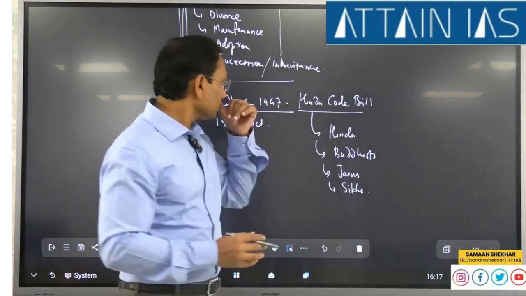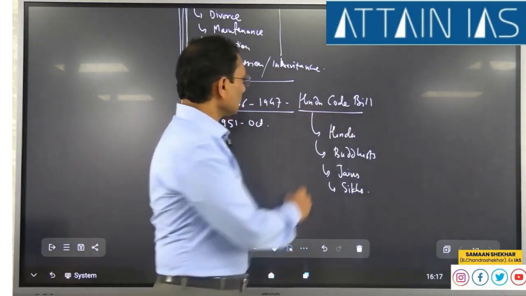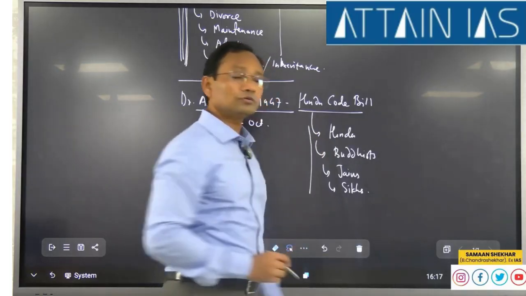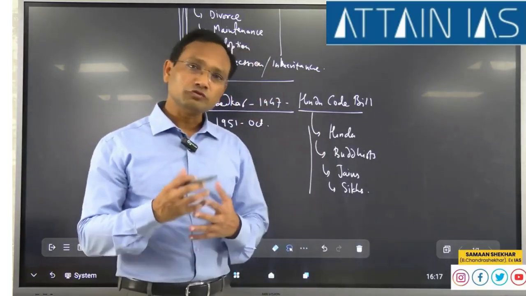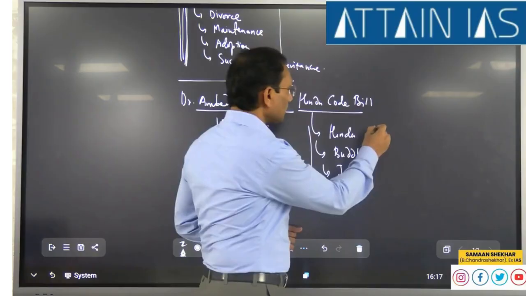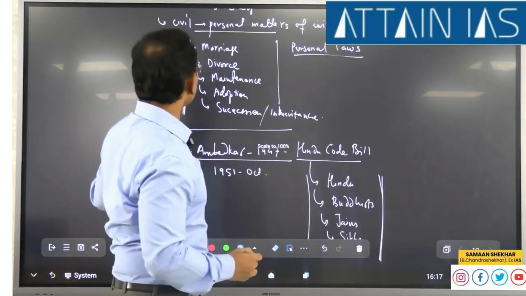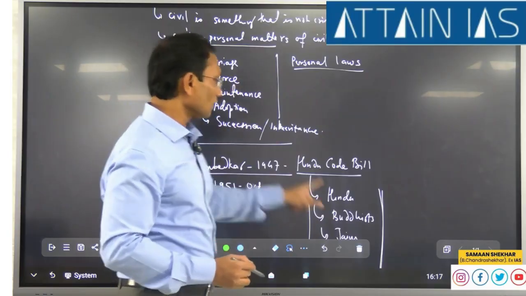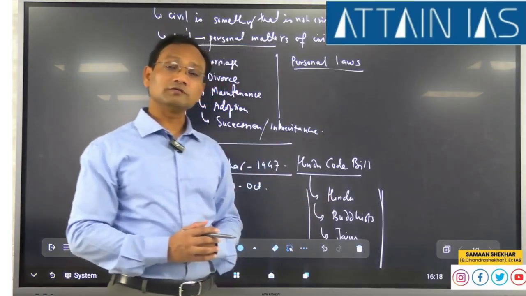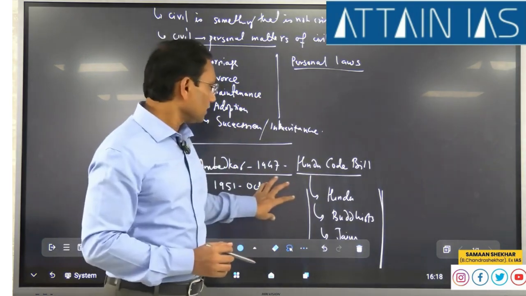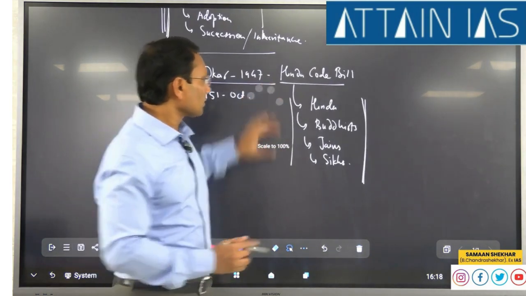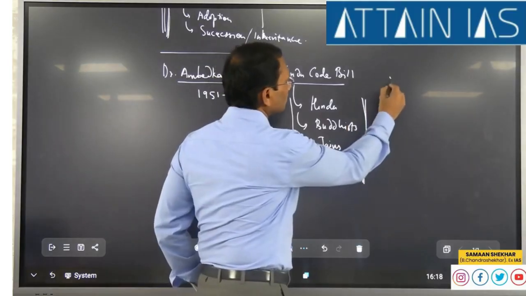Which meant that this bill was trying to bring uniformity in the laws governing these aspects of the people belonging to these religions in India, right? It, of course, excluded. These were included. What was excluded?